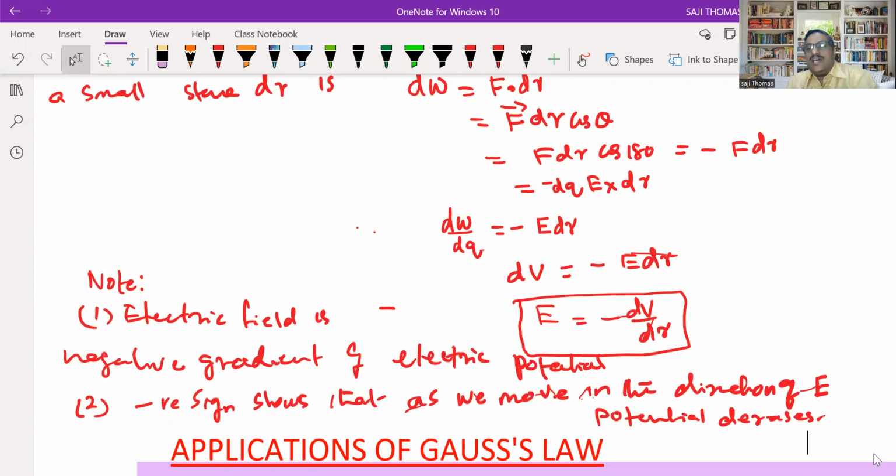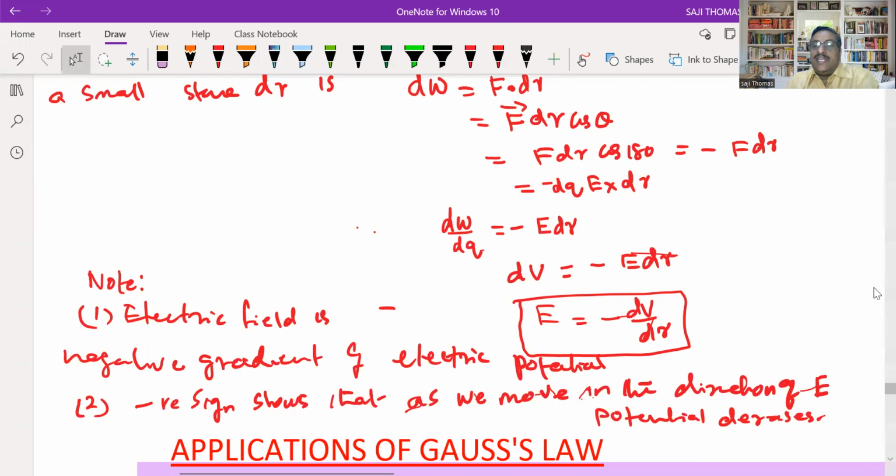If we move a charge from the point B to A, the potential difference between 2 points we take as VAB. It is equal to VA minus VB. And we obtained the relation between potential difference and the electric field. What is the relation?